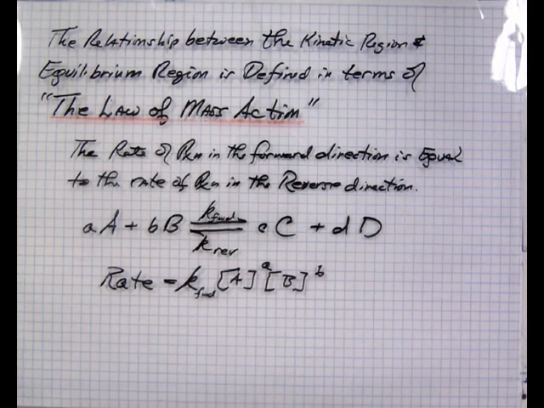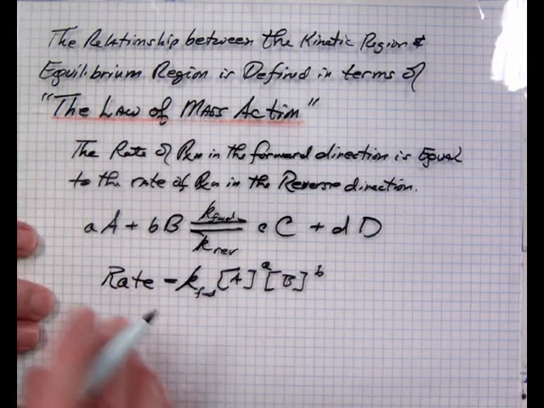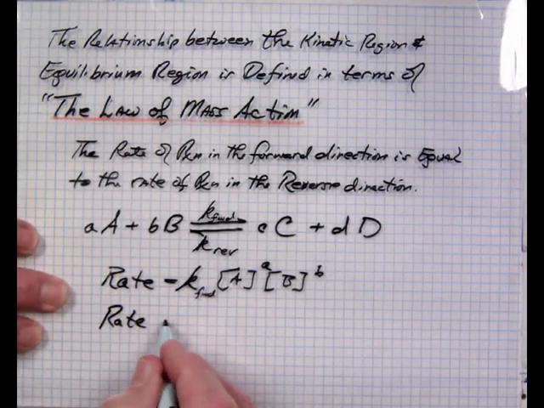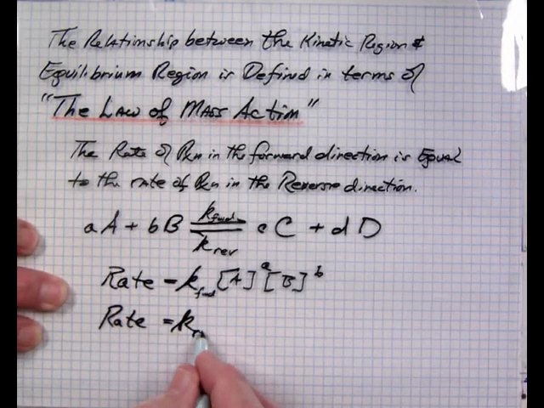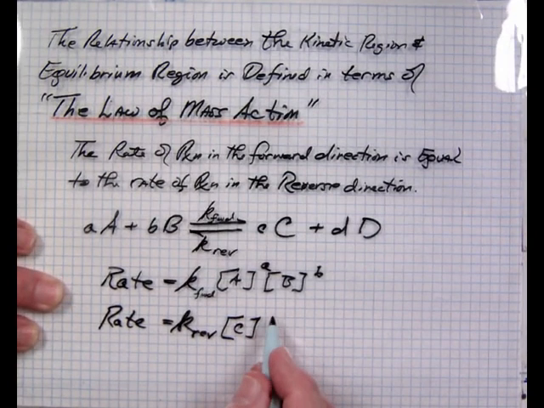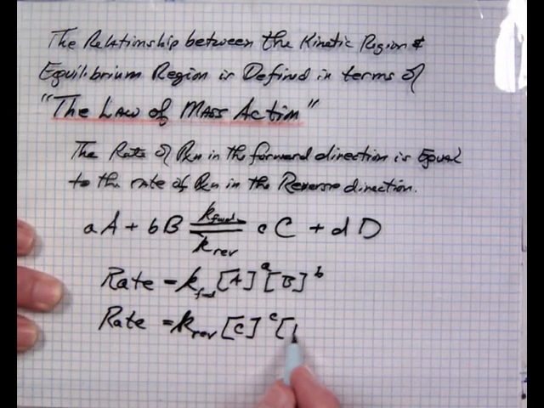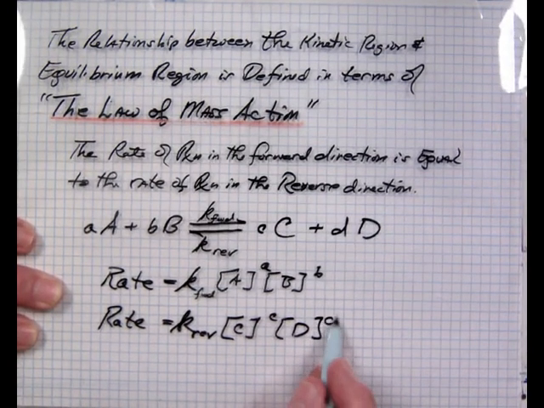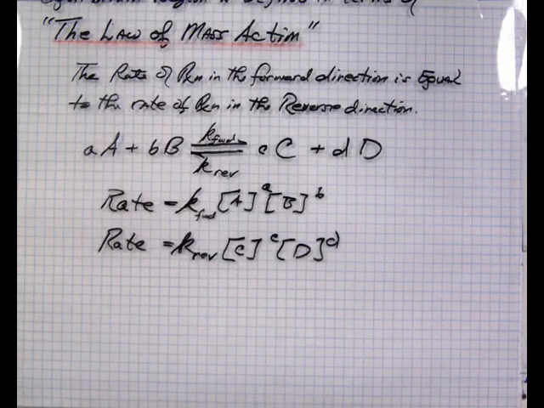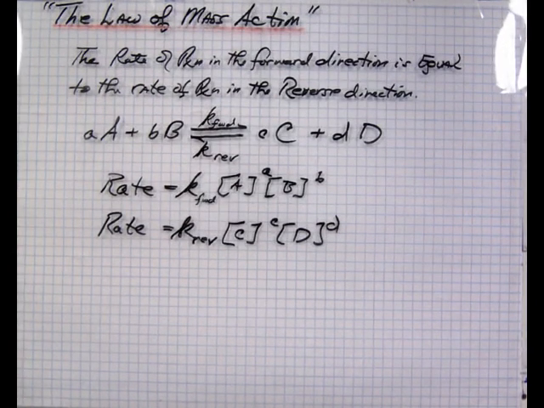The reverse reaction is composed the same way. We have a rate equals K reverse times C raised to the c power and D raised to the d power. From this, we apply the law of mass action.